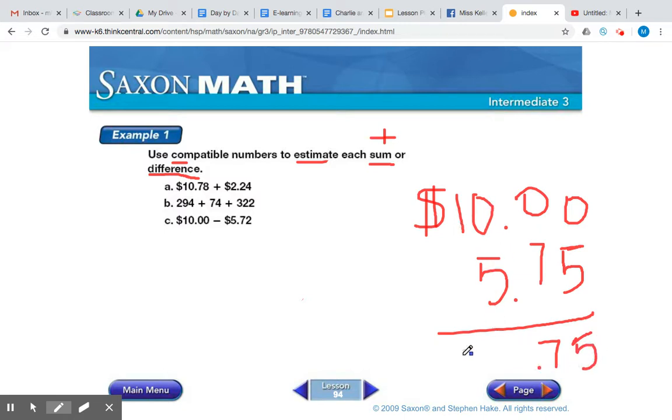And we know 10 plus 5 is easily 15. And then don't forget your dollar sign. Now, even though we are using compatible numbers and we can easily add these together, I'm still showing what compatible numbers I used, and I'm still showing the addition.